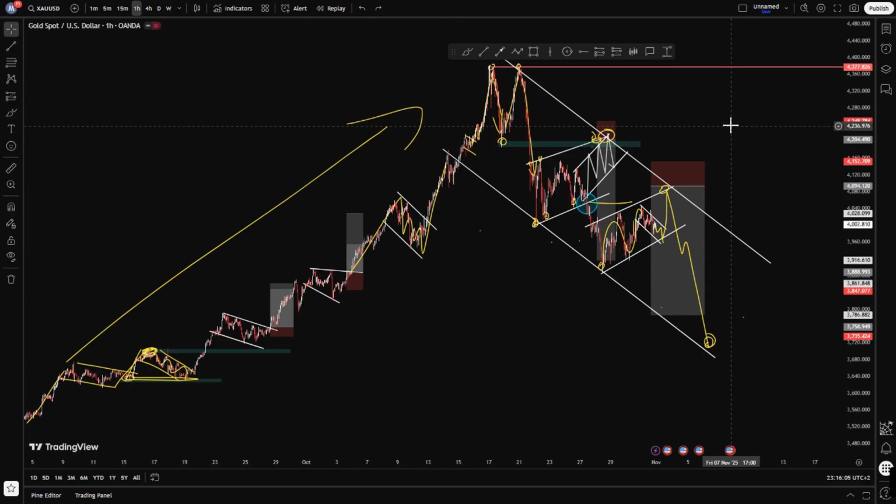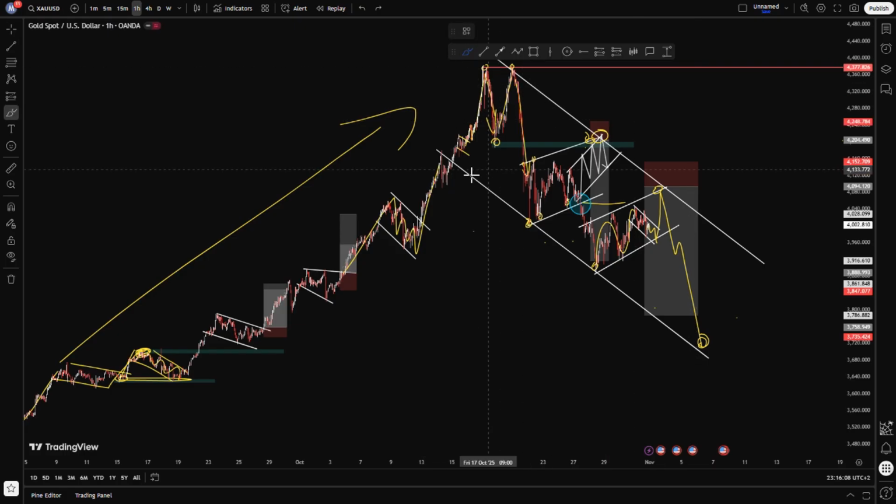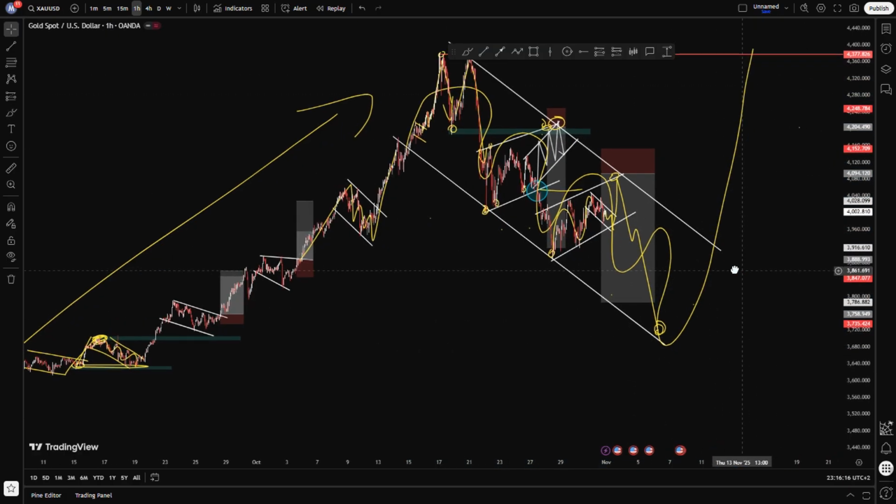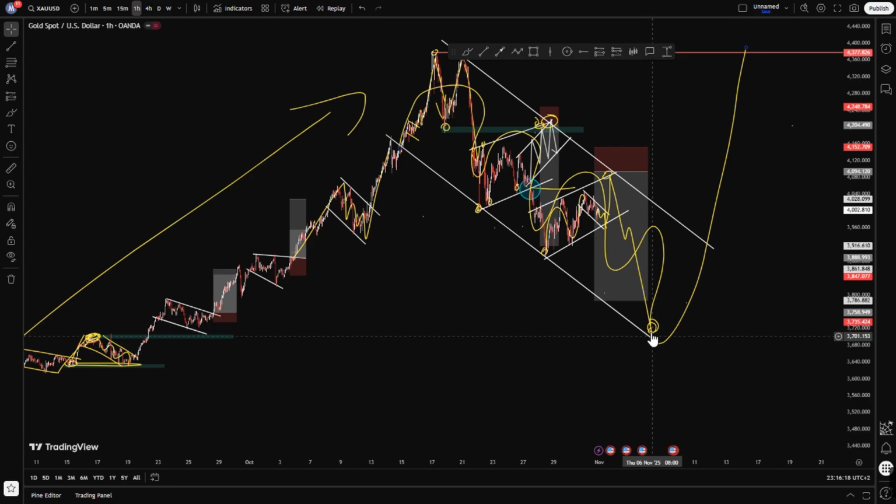So this might just be a big corrective move before another push to the upside, okay? That's why we need to be very careful when price reaches around this level down here. There's a high chance that price might start pushing to the upside, so we need to be very careful.